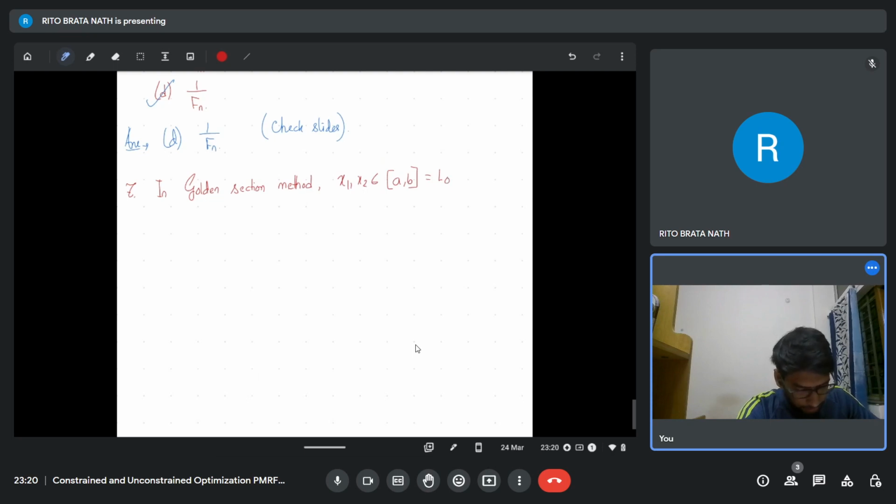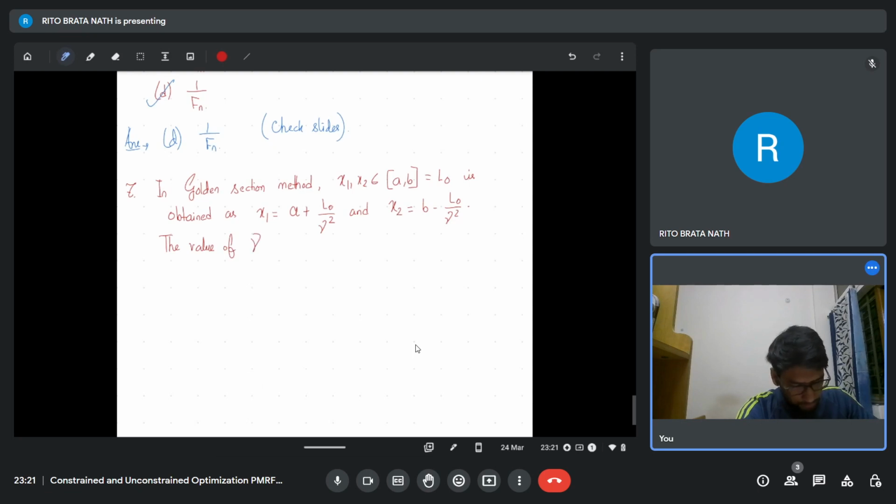L0 could be the length of the interval, is obtained as, so you know that this golden section method is very similar to the Fibonacci search method. But you have this golden ratio term that's being included here, right? So this gamma is the golden ratio. So the value of gamma is being asked here, and again it's directly from the slides, and the proof of this has already been done. So I'm not going into the details of it.